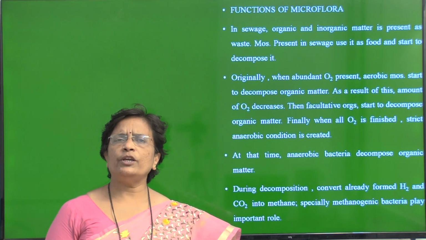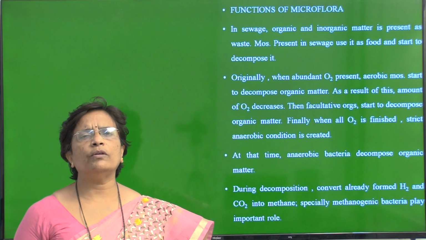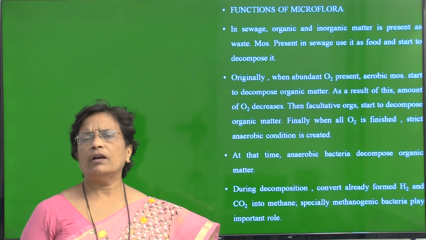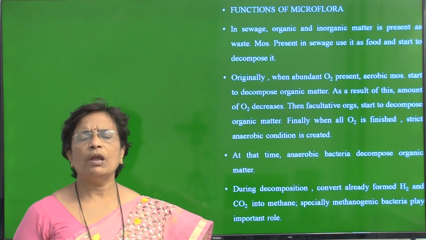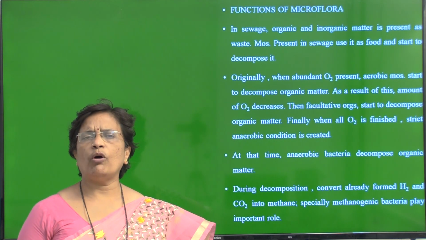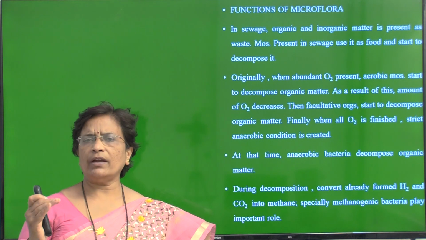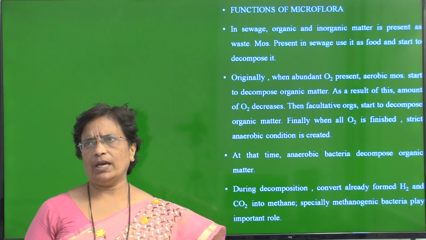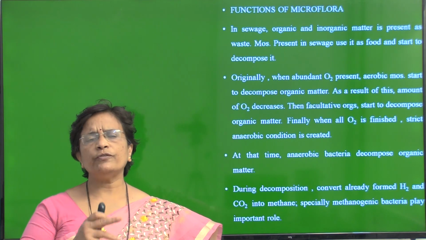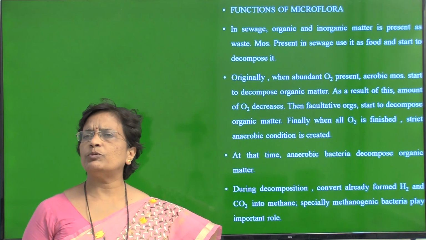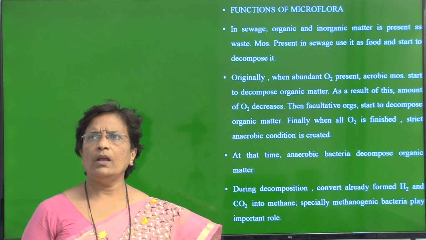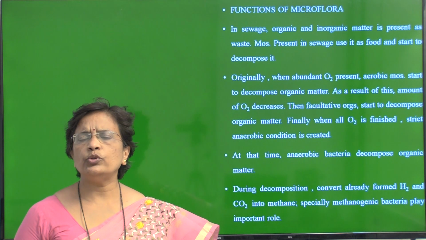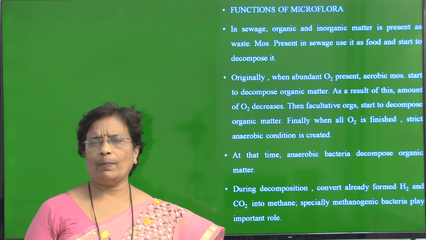So in sewage, the organic and inorganic material is completely oxidized, completely decomposed by the activity of aerobic, facultative as well as anaerobic microorganisms. Because of the action of these three types of microbes, there is formation of hydrogen and carbon dioxide.